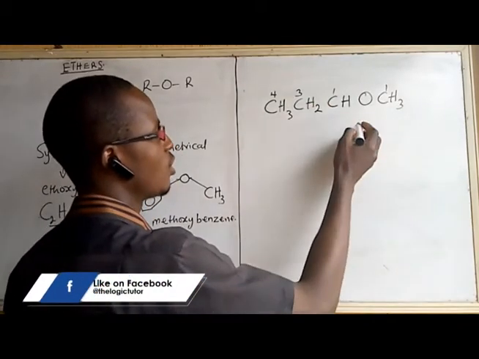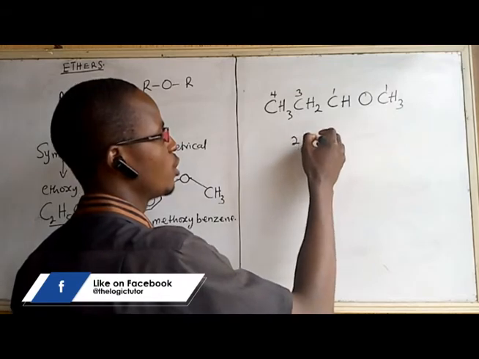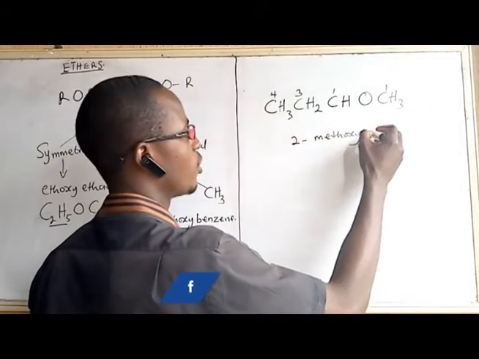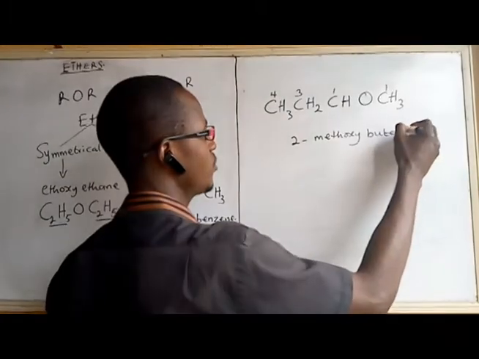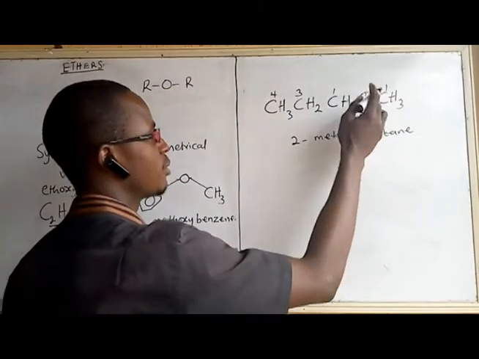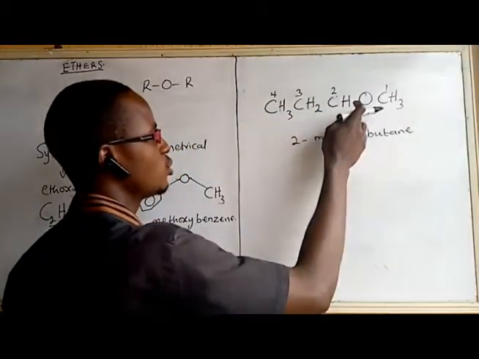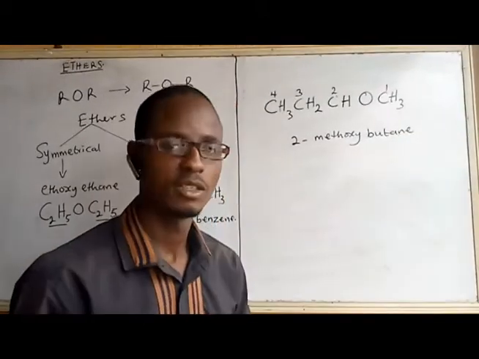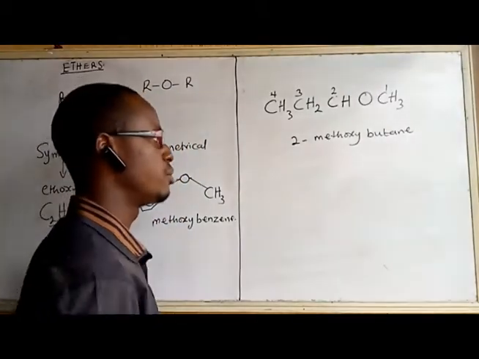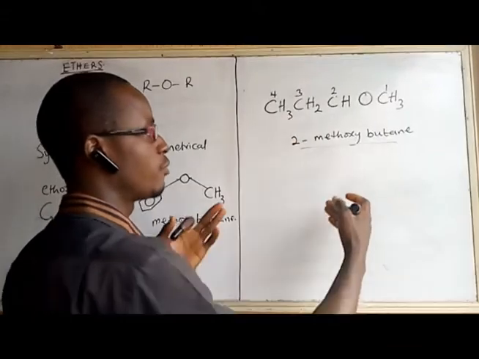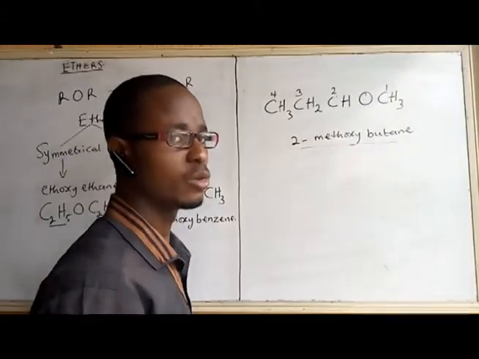So this is called 2-methoxy. Then we have 4, that's butane, because the oxygen is termed to be in the number 2. So that's 1, 2, 3, 4. That's 2-methoxybutane. So that is the nomenclature. Other chains can also be named in the following trend.